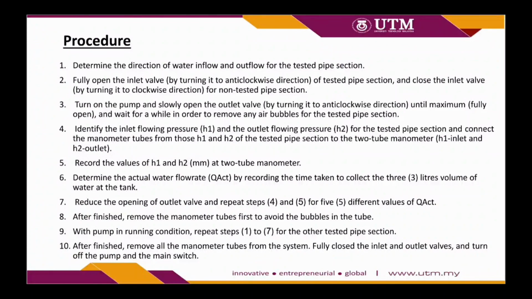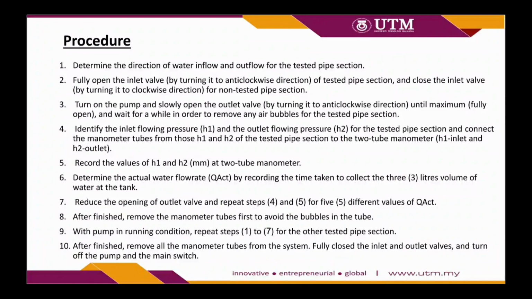7. Reduce the opening of the outlet valve and repeat steps 4 and 5 for 5 different values of flow rate. 8. After finishing, remove the manometer tubes first to avoid bubbles in the tubes. 9.